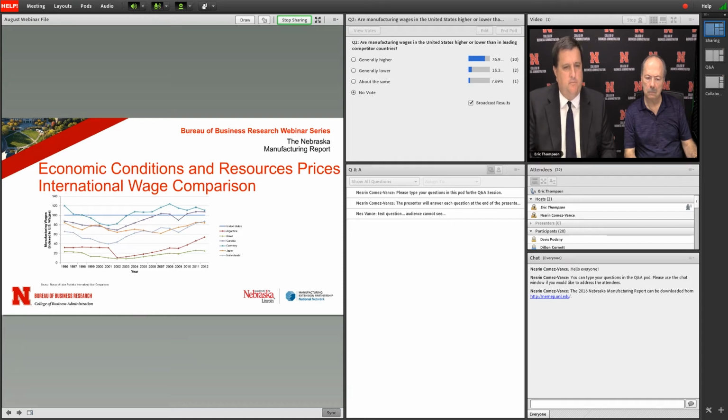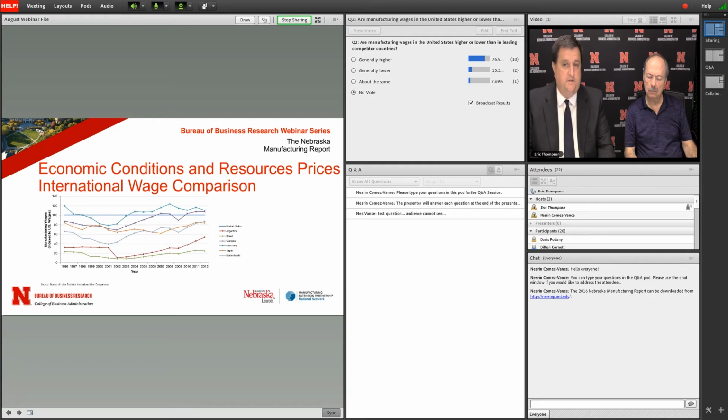Countries such as Denmark and Japan have started to catch up with us in terms of the wages. Even some of the developing countries we had data for, like Argentina and Brazil. Obviously, wages are still lower in those countries, but the gap has started to close with the U.S. This is obviously a mixed bag. There's a lot of advantages to higher wages, but in terms of our international competitiveness, wages are still a big part of the cost of doing business, even in manufacturing. We've become more internationally competitive.